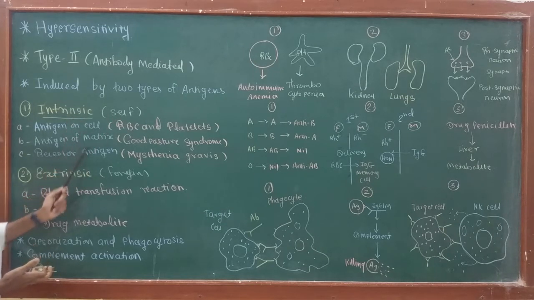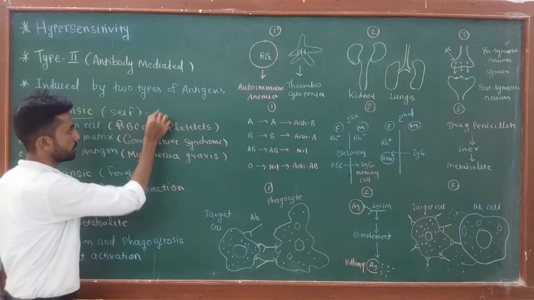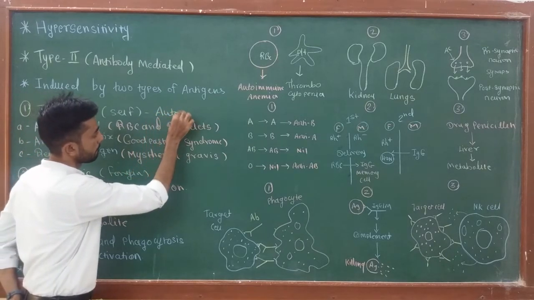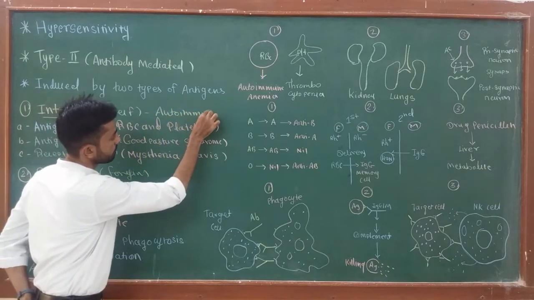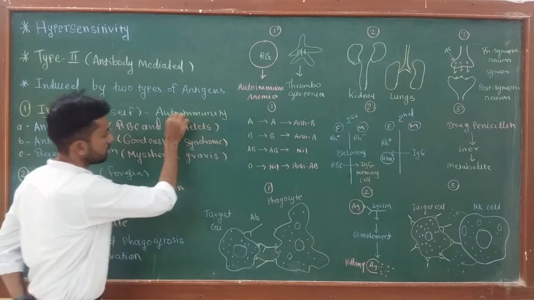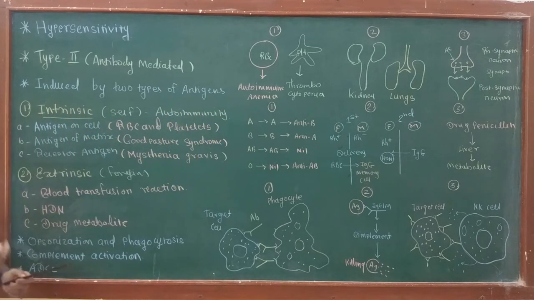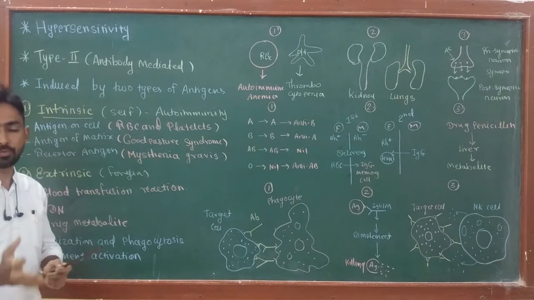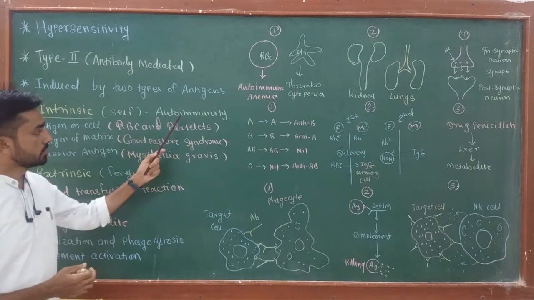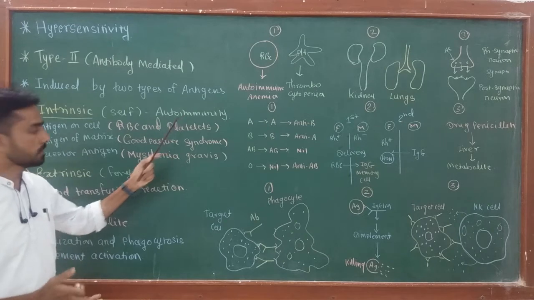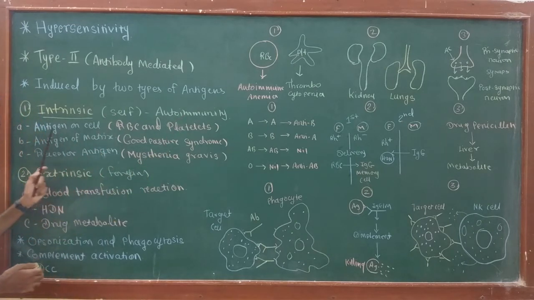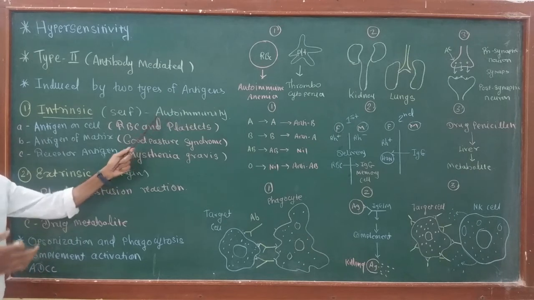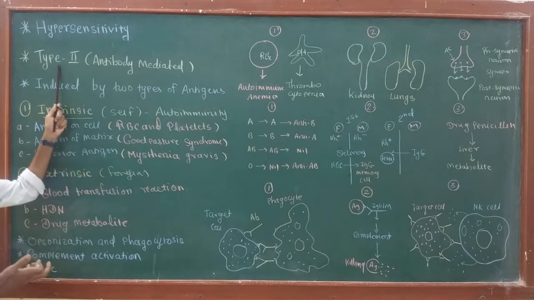Because the reaction that occurs is autoimmunity. The reaction of the immune system against self antigen is nothing but autoimmunity. I am going to make a separate video lecture on this topic, that is autoimmunity. But some self antigens like antigens on the cell can also induce autoimmune reaction that leads to type 2 hypersensitivity.